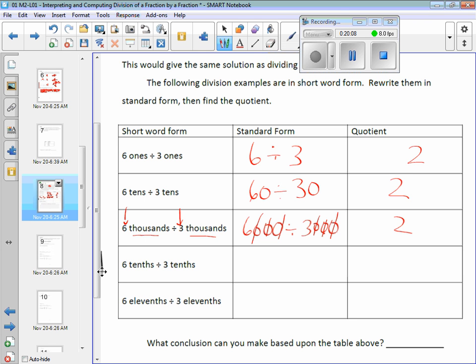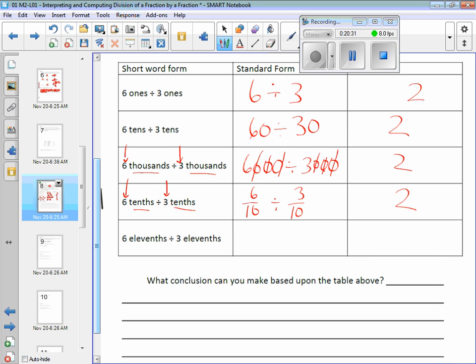Steven, 3/10 is what fraction? Values are different, units are the same. We'll work with 11ths. When the units are the same, you divide the value to get 2. And we'll write it down.